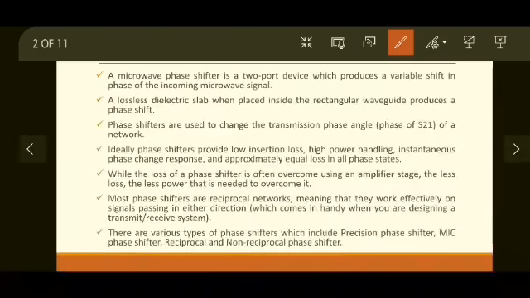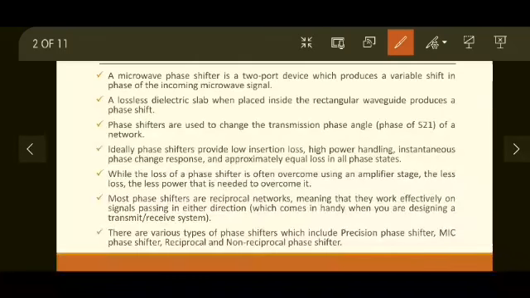Most phase shifters are reciprocal networks, meaning they work effectively on signals passing in either direction. When we talk about directions of the signal, if we are transmitting, the signal goes outwards towards the end of the circuit.